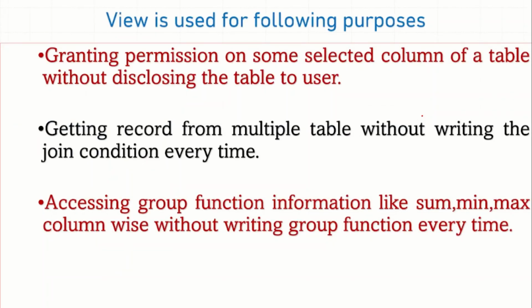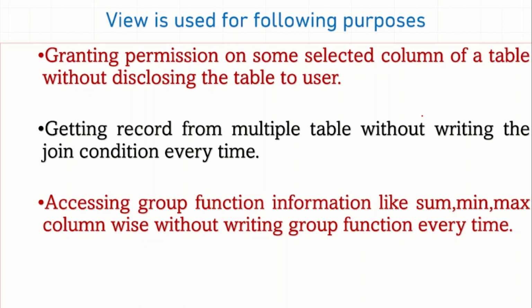These are some other purposes, which I have already discussed, but we must know. Granting permission to some selected columns of a table without disclosing the table to the user. Suppose a user requires details of 3 columns of a table, so it is not an intelligent decision to give him access to the complete data of the table.